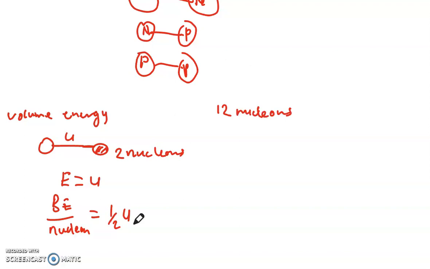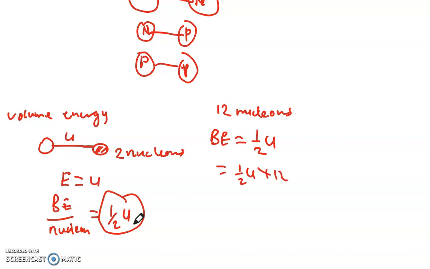If we have 12 nucleons, how many interactions are we going to get, and how can we come up with the total binding energy in this scenario? Remember that initially we have our binding energy equal to a half U. So now that we have 12 nucleons, this is going to be a half U multiplied by 12, and we know this is 2. So this will simply give you 6U.